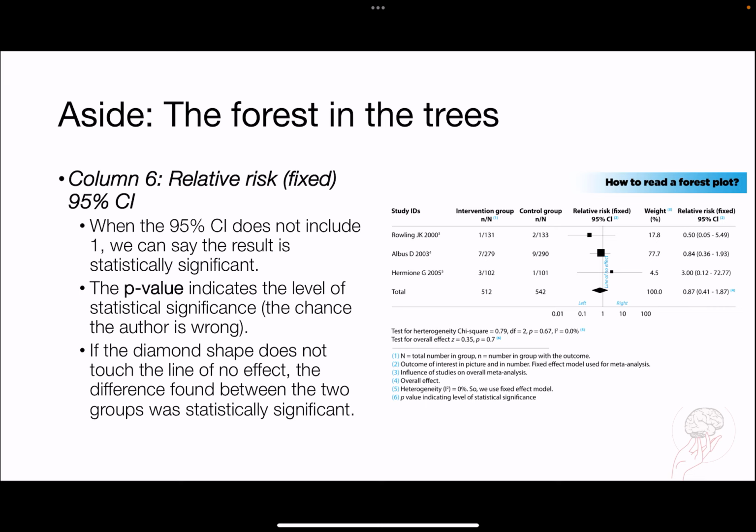And again, these whiskers or lines represent the confidence interval. So if we look here, this confidence interval goes from 0.12, which is right about here, all the way up to 72.77. So it's hard to tell, but it would be right before this 100. So this column is saying in words what this column is saying in diagrams.